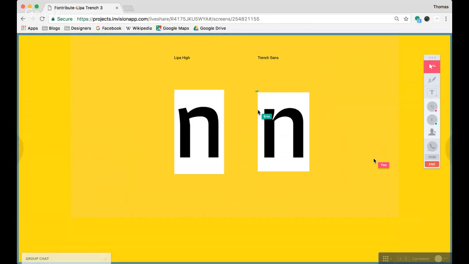This is a very high X height in Trench Sans. Lipa is also quite high. And take a peek down here, this is going to give you a preview of the space we're working with for descenders. That's the first thing I find interesting about the dimensions of the typeface in general.